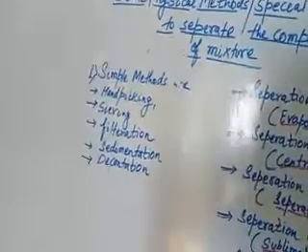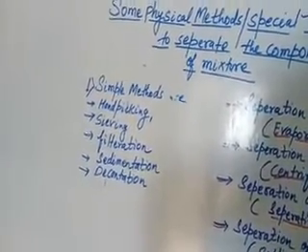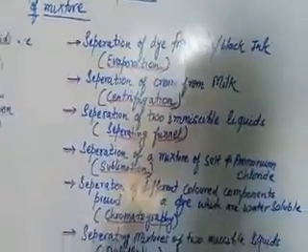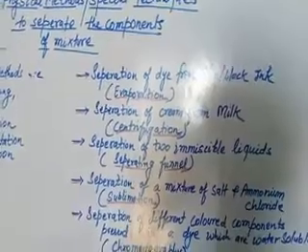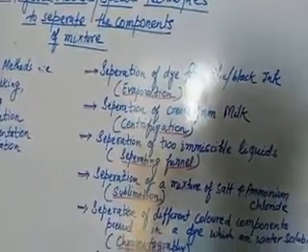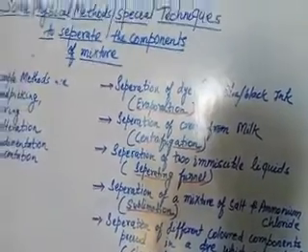So these are some of the simple methods that we usually apply to separate different components of mixtures. Now, as per your syllabus, you have to read some special techniques also to separate some of the components of mixtures.